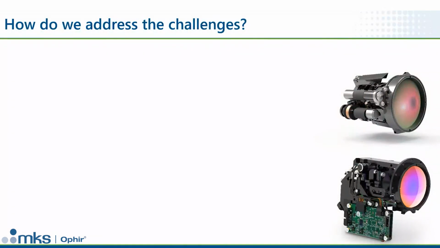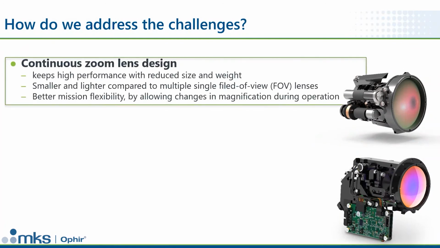So how do we address these challenges? First of all, by using continuous zoom lens designs. When using zoom lenses, we can keep the high performance with reduced size and weight of the lens.